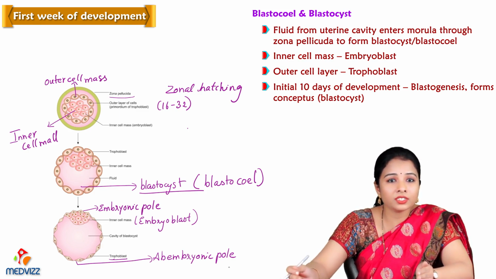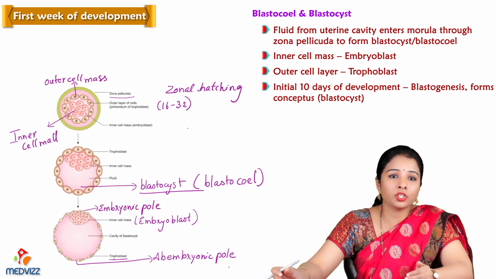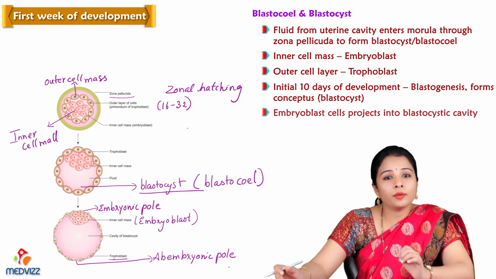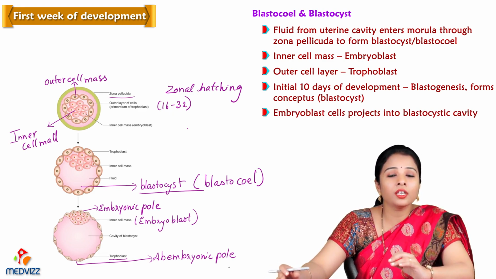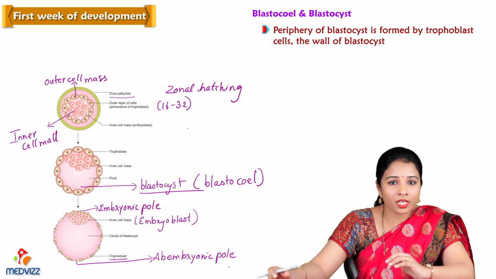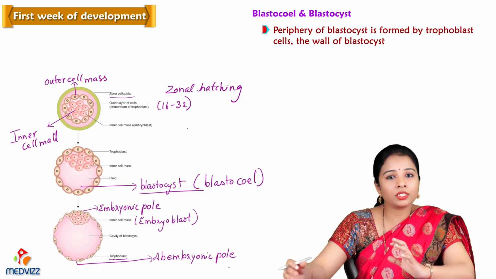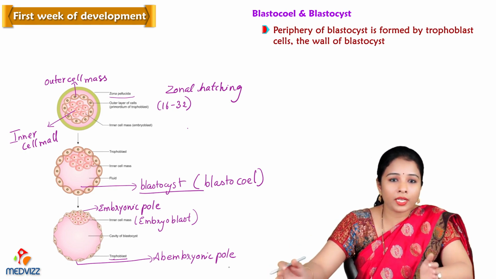So in the first stage, up to 10 days of development, we see the development of conceptus. And the embryoblast cells project into the blastocyst cavity, and at the periphery, the blastocyst is formed by the trophoblast cells. So the outer cell mass will form the trophoblast cells, which form the wall of the blastocyst.